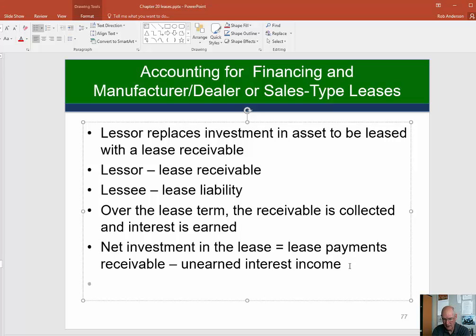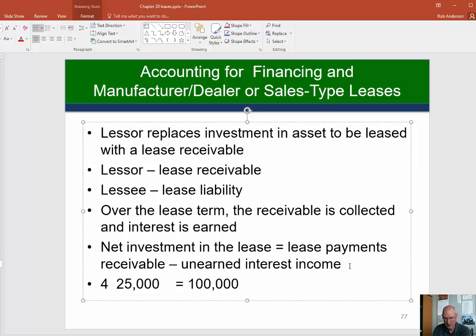If we had 4 payments of $25,000, then our lease receivable would be $100,000. Of that $100,000, part of it is to pay for the item and part of it is interest.